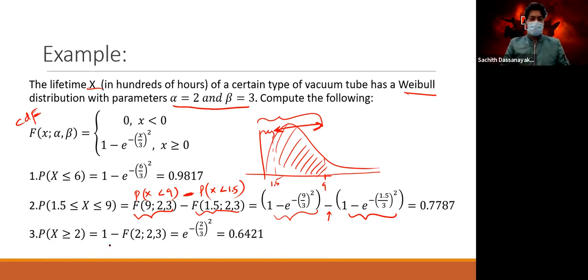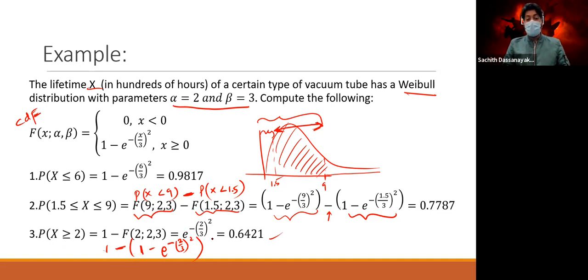Again, for greater than something, you can find 1 minus the probability of less than that value. So easily you can find that. 1 minus, brackets, 1 minus e to the power of negative 2 over 3 squared. See, here you have a negative sign, so this negative multiplied with this becomes negative.